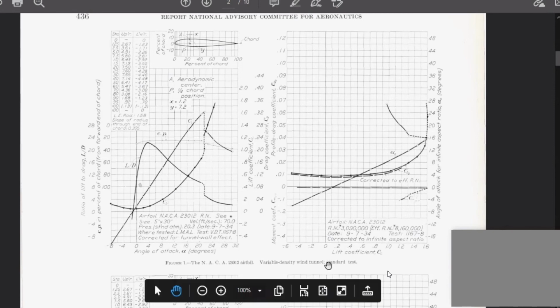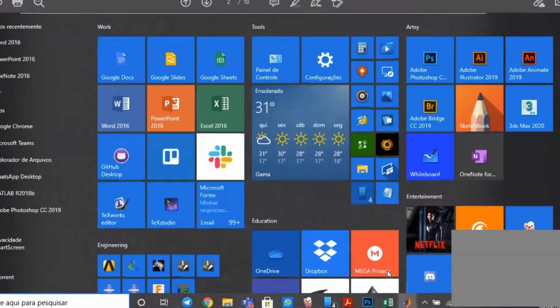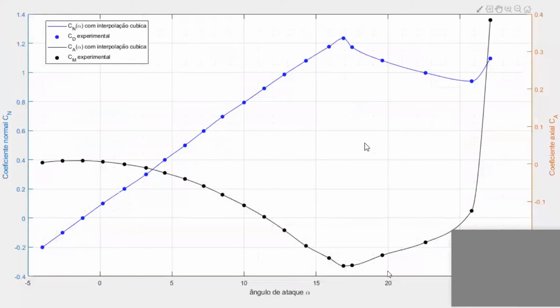Then I was thinking, and I didn't use spline on all of them. I tried to look for another interpolation because my CN and CA were weird right here. For the CA, I was having problems with spline. It was making weird curves in here.